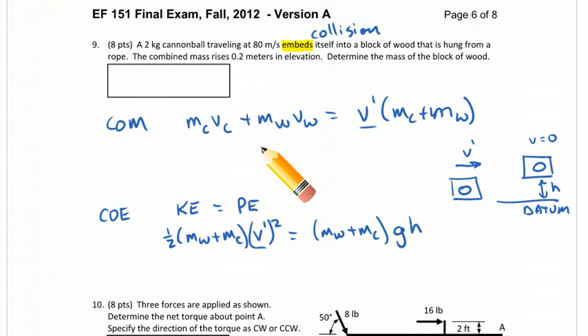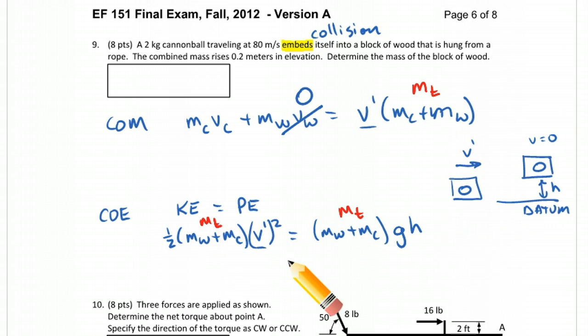Okay, let's see, the initial velocity of the wood is 0, so that drops out. So to make our writing a little bit simpler, let's just call this a total mass. So that would be total mass and that would be total mass. Okay.